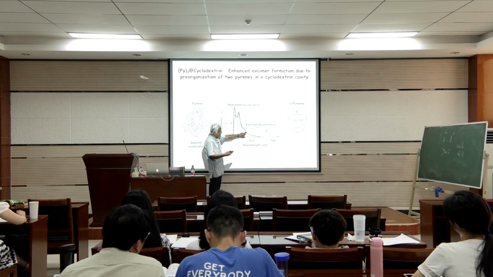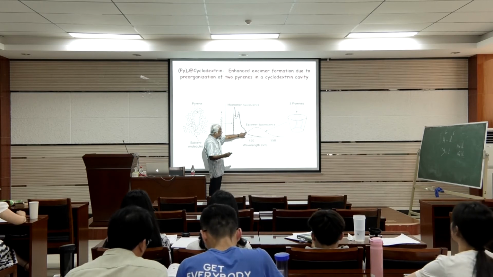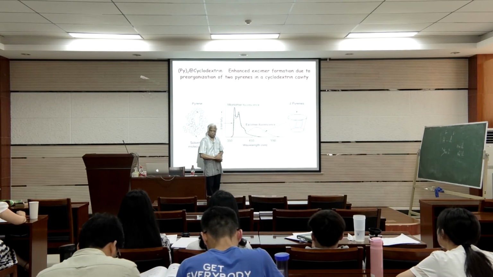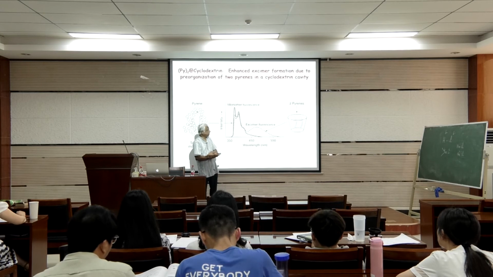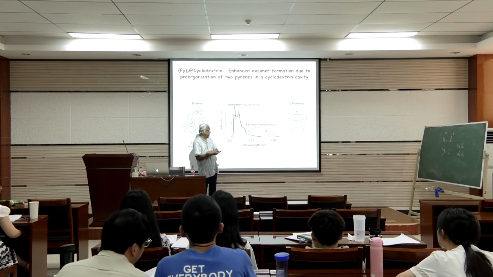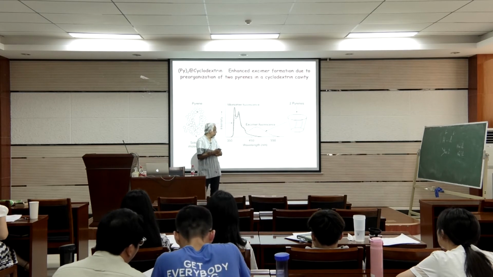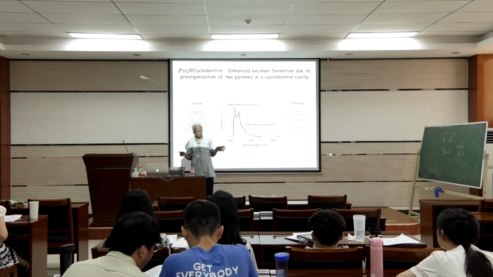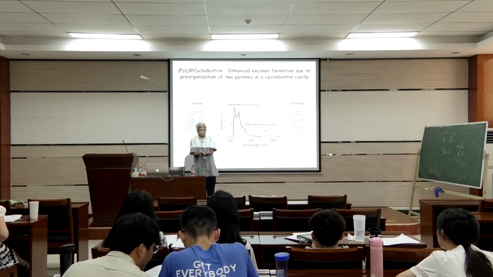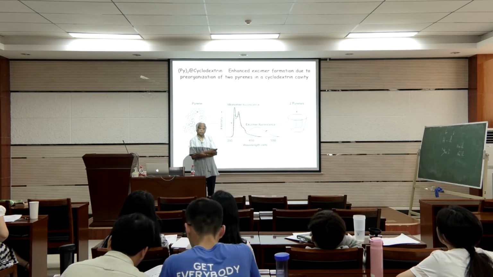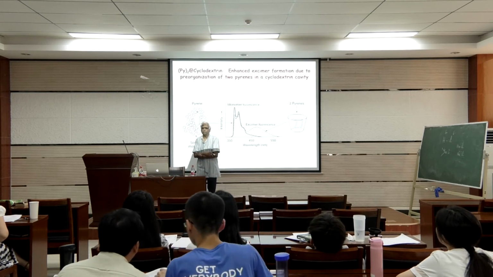On the other hand, in water, you now see a very strong, not very strong, but you see excimer emission. So this is with cyclodextrins, and this one is no cyclodextrins. Tell me why in the presence of cyclodextrins you see excimer for the same concentration. We didn't change the concentration. We have the same solution in water, and you see this, and then add a little bit of cyclodextrin, you see this. So why does it happen?